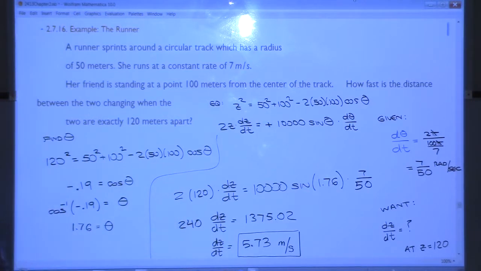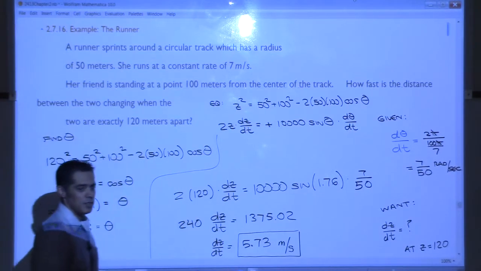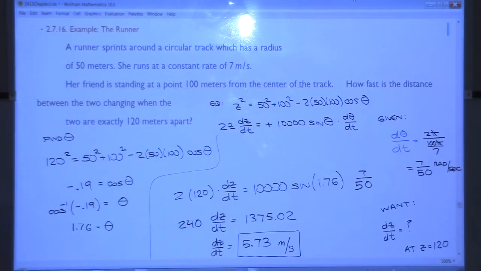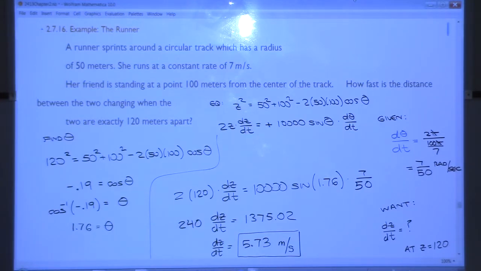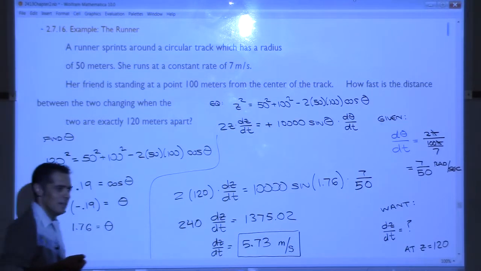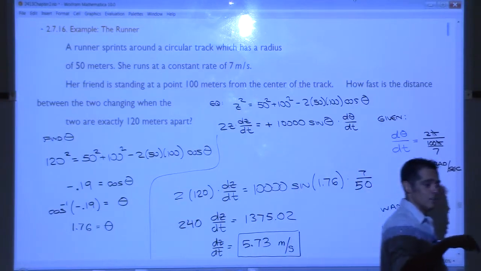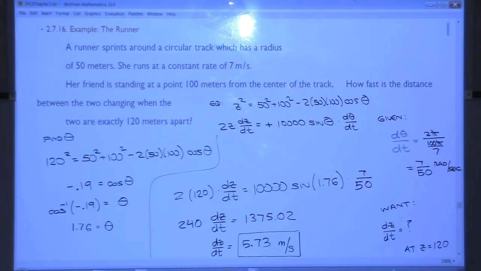So as this observer very, very creepily watches their friend running around the track, at the moment the distance between them is 120 meters, the theoretical rope connecting the two is coming out of that person's hand at a rate of 5.73 meters per second. That's rope burn, right? And that will change. As that runner goes around the track, that is going to be varying. Depends on where they are on the track.